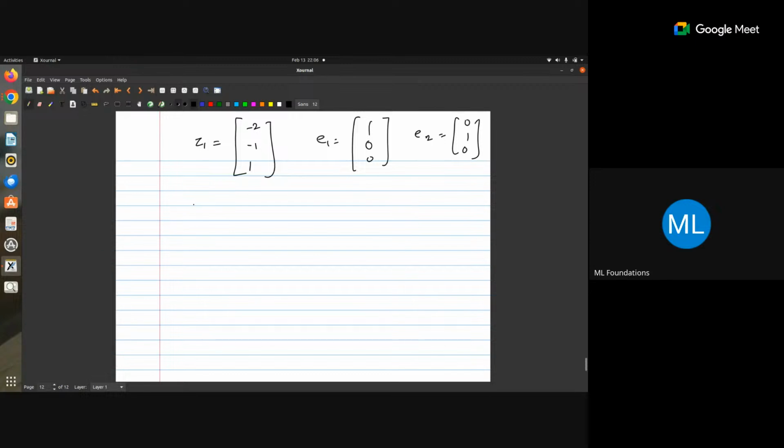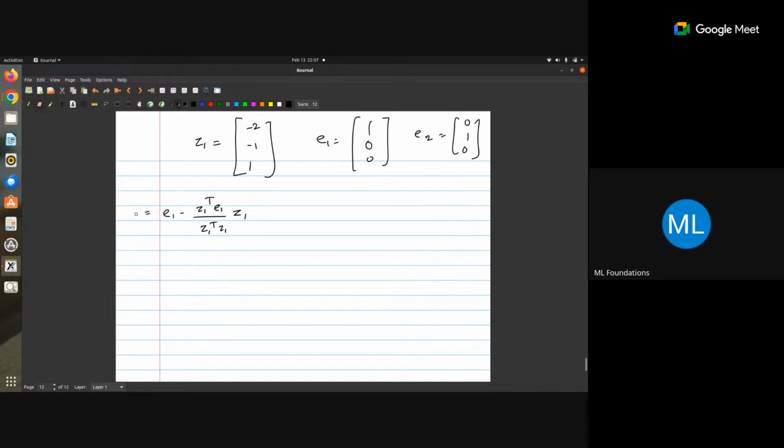So what I'll do is say it is equal to E1 minus the projection of E1 onto Z1, so the error vector will be E1 minus that projection. The projection of E1 onto Z1 is Z1 transpose E1 upon Z1 transpose Z1, times Z1, right?